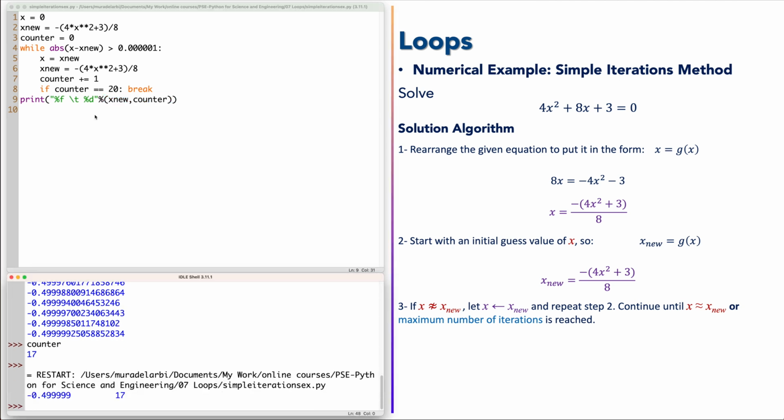So this is the result, and I think it is acceptable because it's very, very close to the analytical solution, minus 0.5. To get the second root, actually we make a second rearrangement. We have to take into consideration that the initial value which we are going to choose for this rearrangement must not give us a negative value under the root.